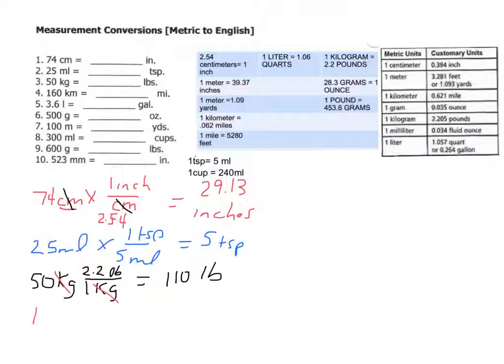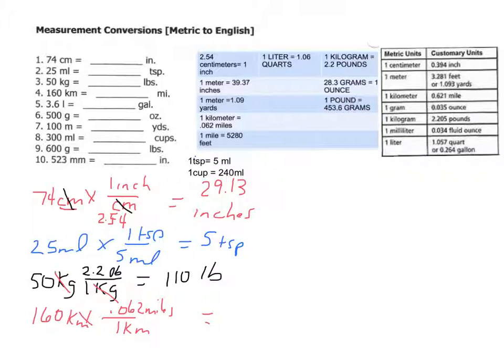Okay, let's do one additional problem. We have 160 kilometers and we need to convert that to miles. First column, the second from the bottom, we have that 1 kilometer equals 0.062 miles. Now we multiply that out. We need to put the kilometers on the bottom, the 0.062 miles on top.